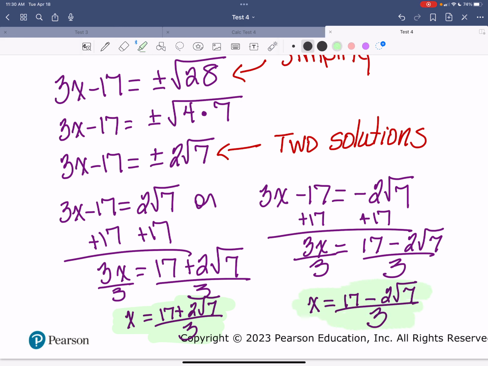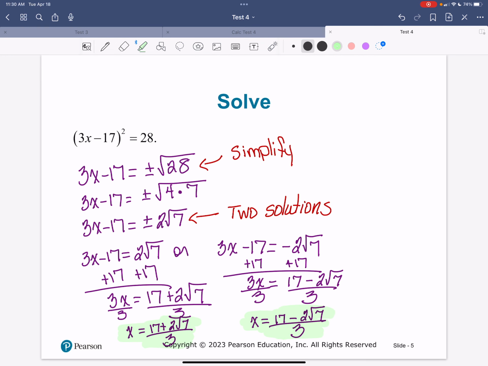Okay, so we're taking everything we've learned in this unit and putting it into solving quadratics. I want to go back to right here. It is not unusual at this point to leave it as written together.